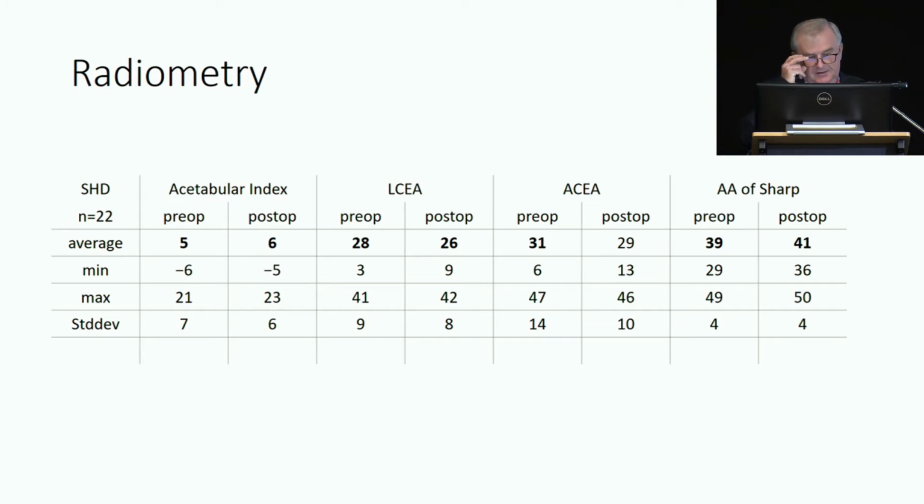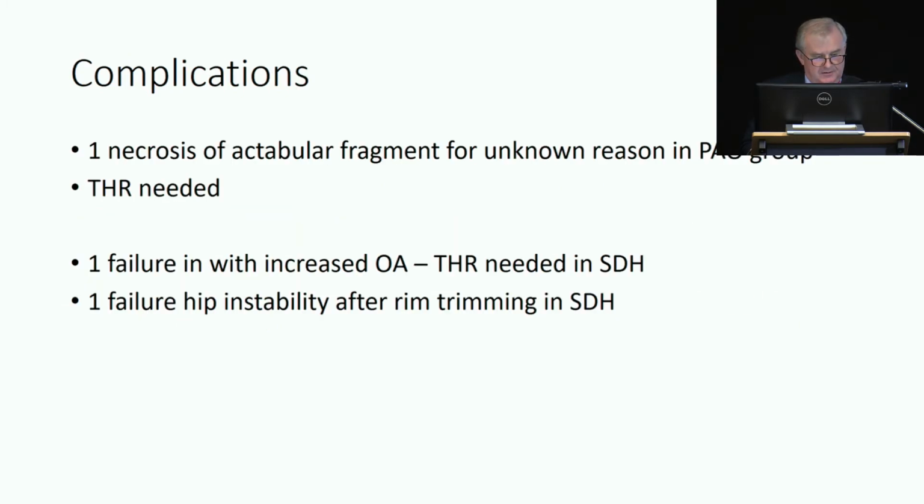And then in this group where we perform surgical hip dislocation, there was not such an improvement. There was a decrease of LCE and a decrease of anterior Wiberg angle, and a little bit of increase of acetabular sharp angle.